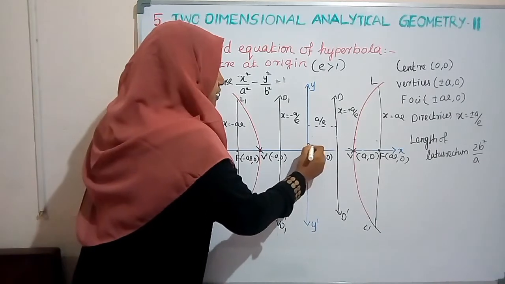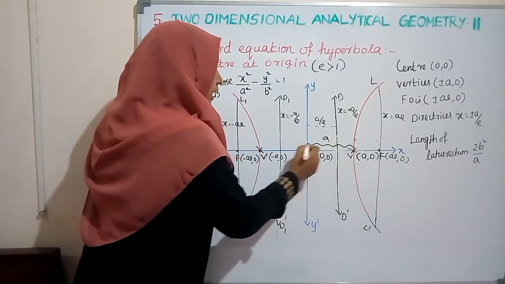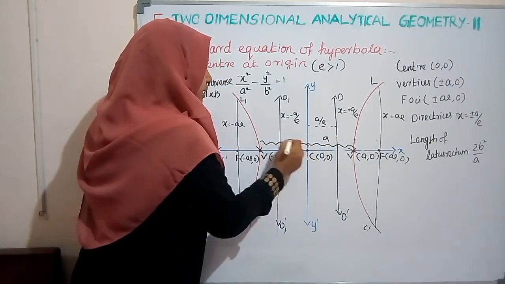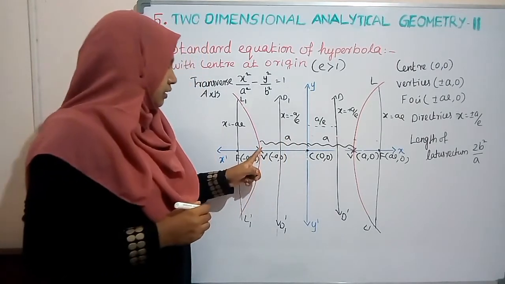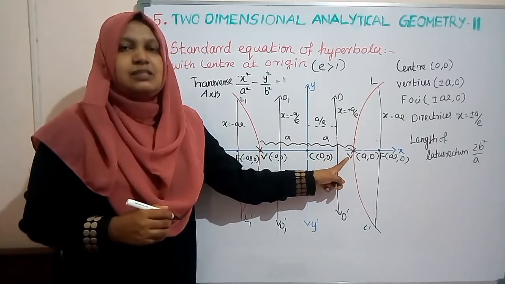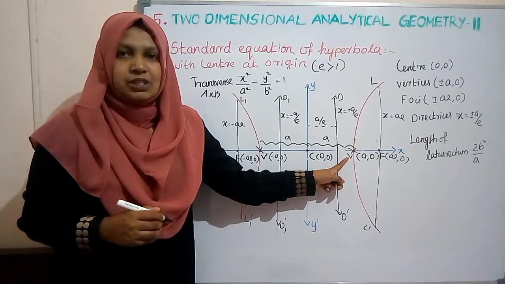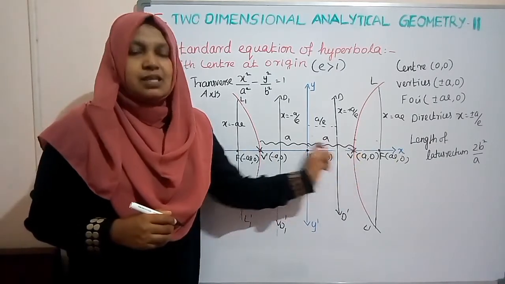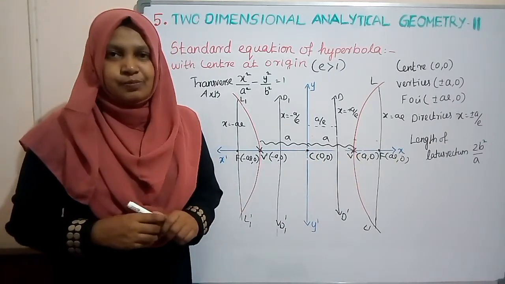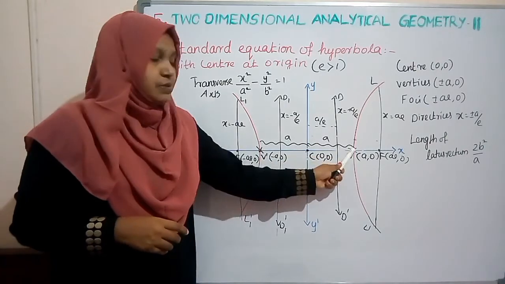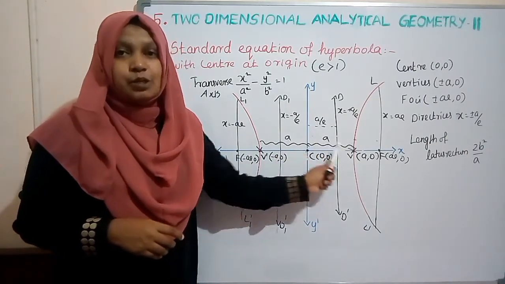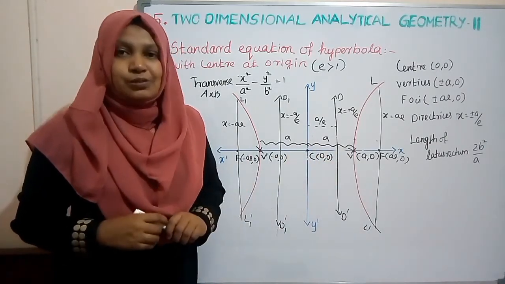So already you know this distance is a and on the left side also we have the same distance a. So the length of the transverse axis is 2a and its equation is, what's the equation of the x-axis? y is equal to 0. So the length of the transverse axis is 2a and its equation is y is equal to 0.